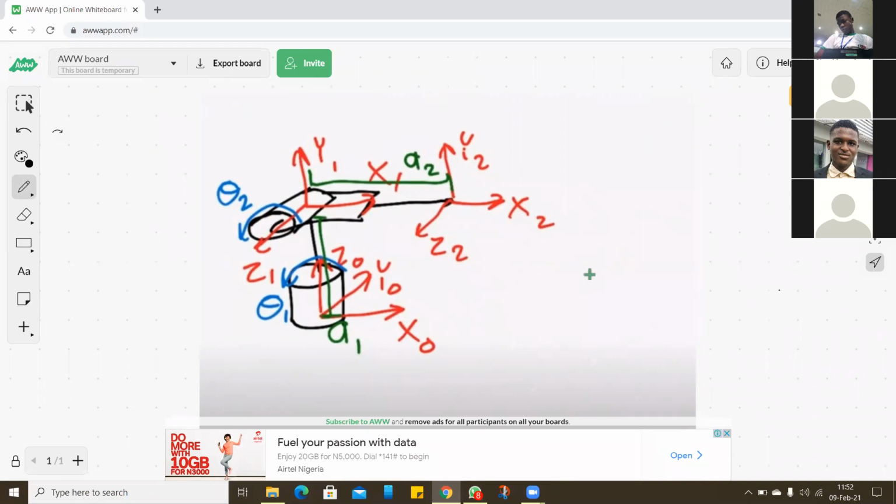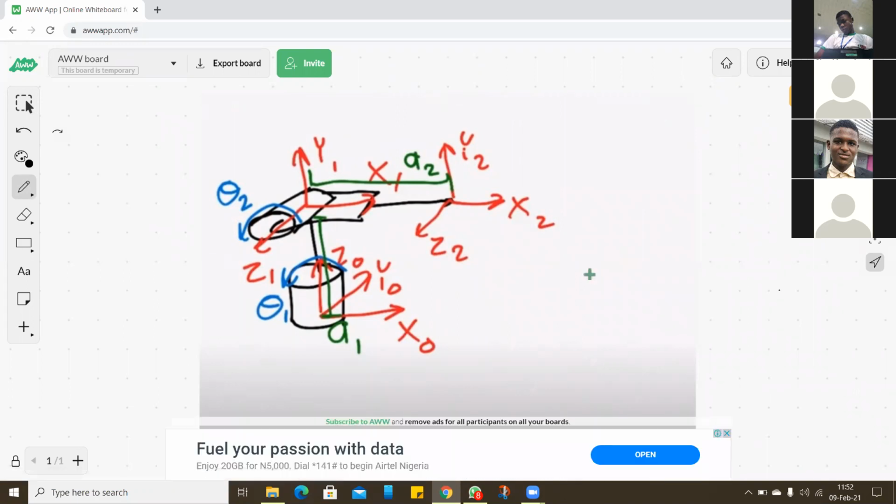If you don't understand what D is or what H is, or what R is. Anybody, any question? What of theta and alpha? What do they represent again? Theta represents the joint angle. Alpha represents the link twist. Okay. They are both rotation parameters.